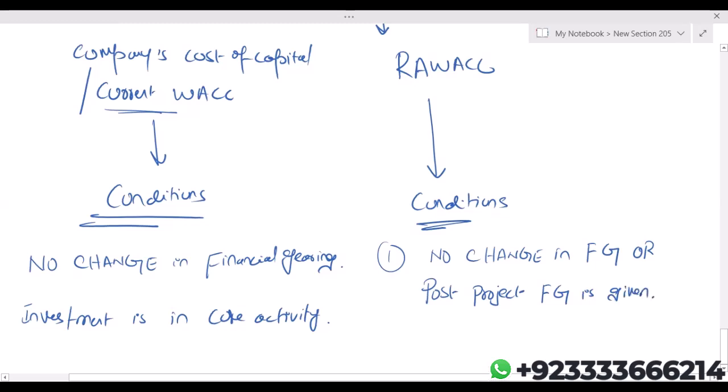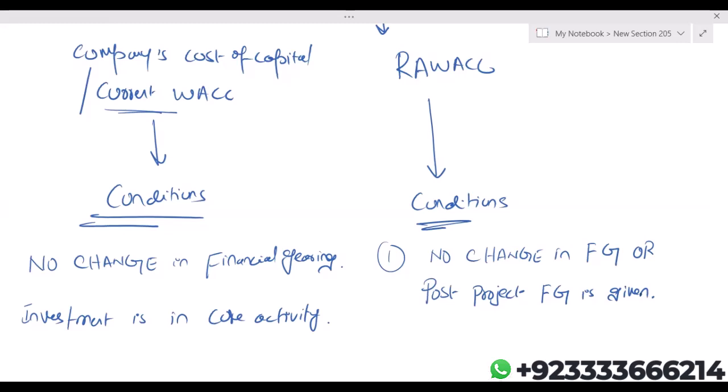There's one possibility that still there's no change in the financial gearing, or there's a possibility: what will be your financial gearing after you have accepted the project, that gearing is given to you. If post-project financial gearing is given, I'll be using that post-project financial gearing for calculating my cost of capital.